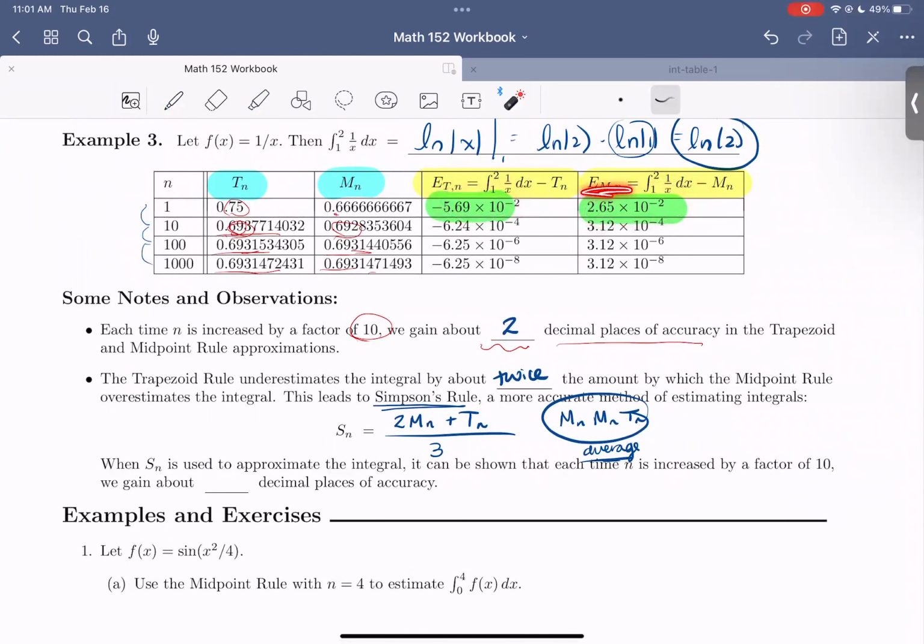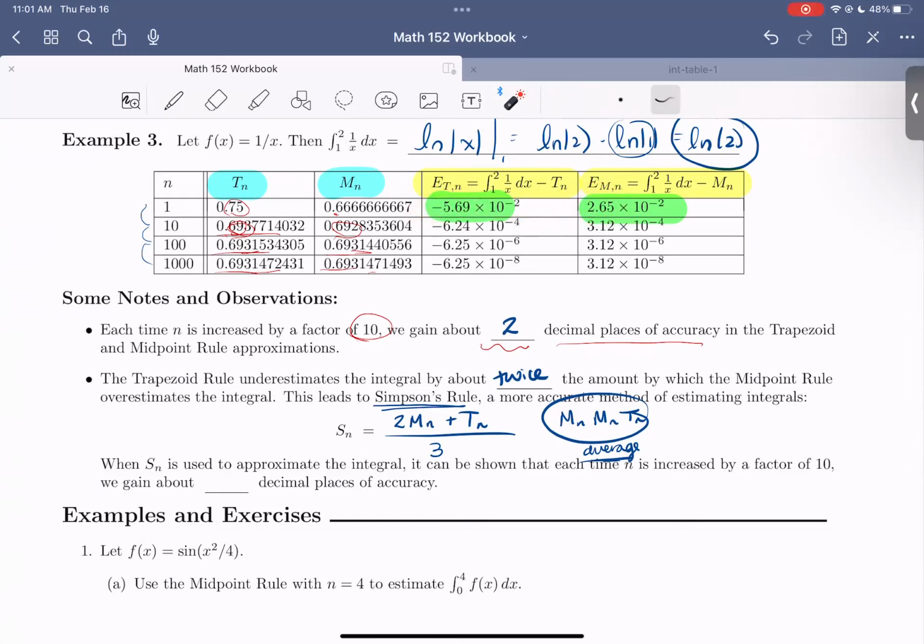So again, the underestimate of the trapezoid is about twice as much as the overestimate of the midpoint. So accumulating 2 of the midpoints sort of outdoes the trapezoid. So if we add up 2 of these and 1 trapezoid, divide by 3, that gives us a fairly good approximation.